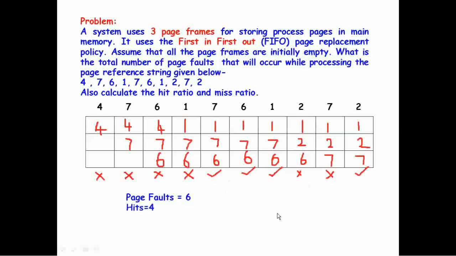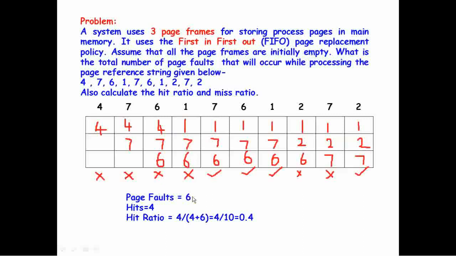Next, if we want to find the hit ratio, we already know that hit ratio is calculated by using a formula: total number of hits divided by number of hits plus number of misses. So number of hits is 4 and number of misses is 6. Page faults are nothing but the misses.